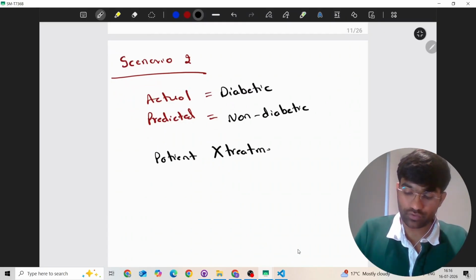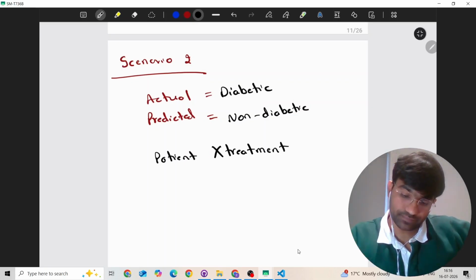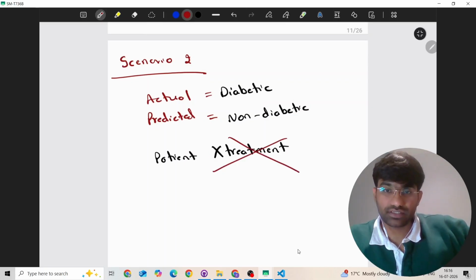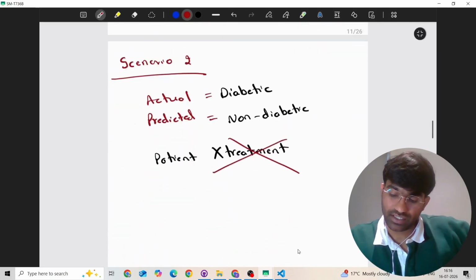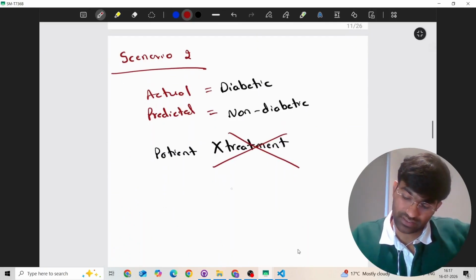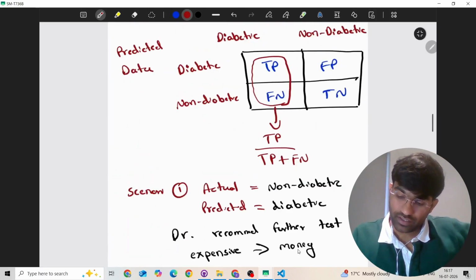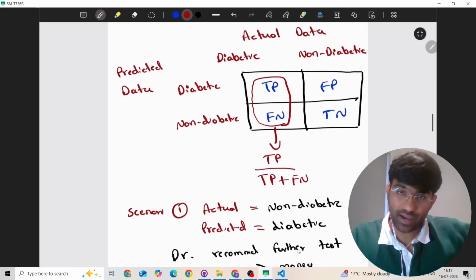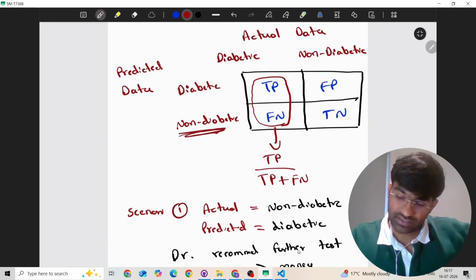He won't go for the further test. He won't get the treatment for the diabetes. So which has the high risk? In scenario 1, he will go for the further tests, which are expensive. He will spend money. But here the patient is diabetic and is not getting the treatment. This scenario is risky. So here the requirement will be to reduce the false negative. The patient is diabetic and the machine is identifying him as non-diabetic. So in this case, false negative rate is very, very important.